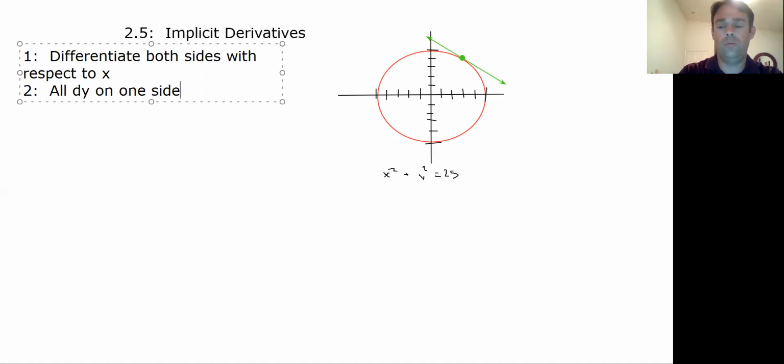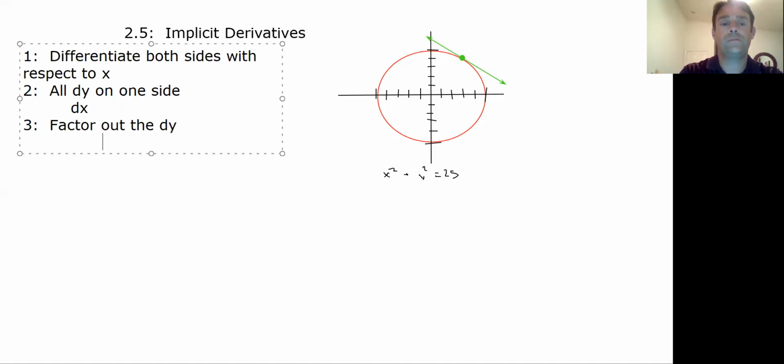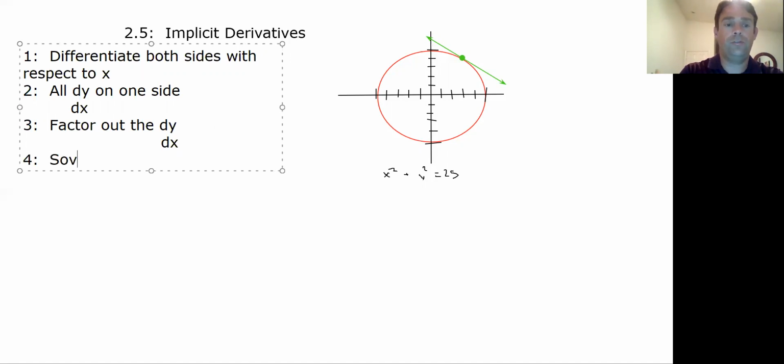You're like, what in the world is a dy dx? I'll tell you in a second. We're going to then factor out dy dx. The last thing, we're going to solve for dy dx.